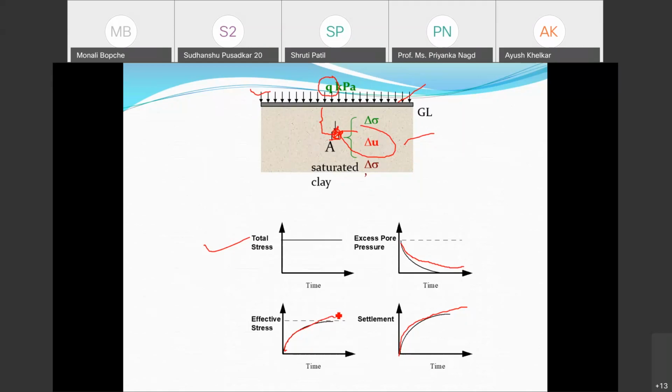As the pore water pressure is removed, your effective stress is continuously increasing, and this effective stress leads to the settlement. And hence, as the pore water pressure is removed, the settlement continuously increases. So this is the fundamental concept of consolidation.